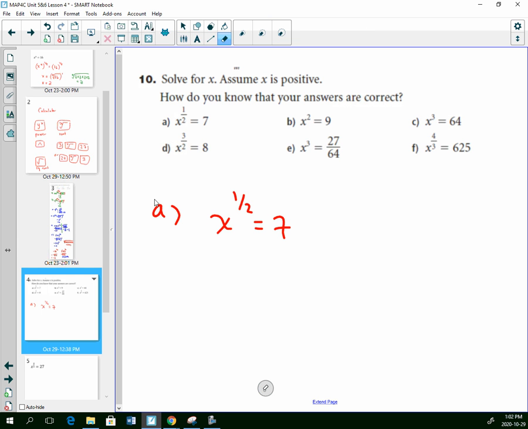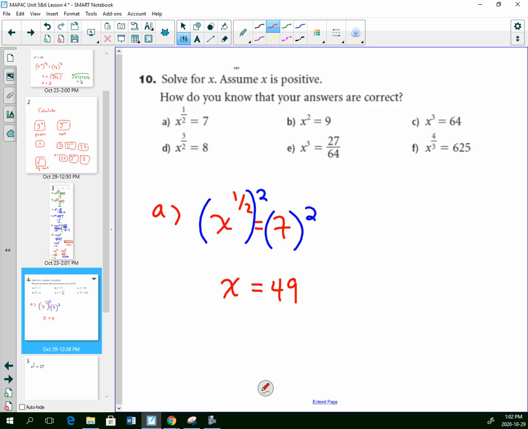So if I want to find x, I would have to do the reciprocal of 1/2, which is 2. Okay? So I have to do the same on the other side. So 1/2 times 2 is 1. And then I could just square the 7. Okay? How do I know if I'm right? Well, I can check it.